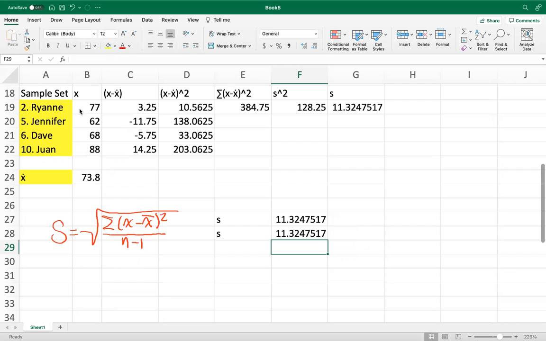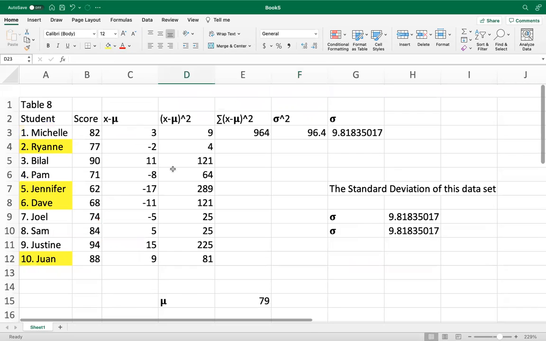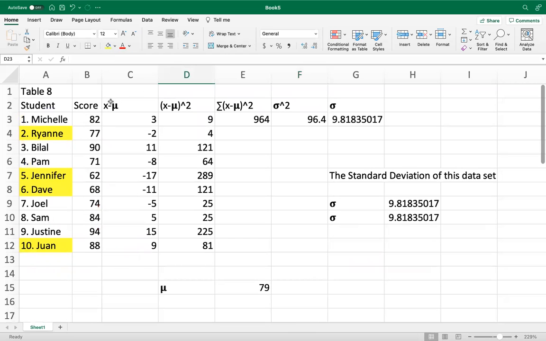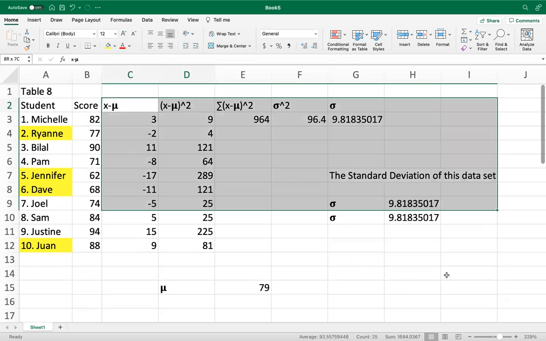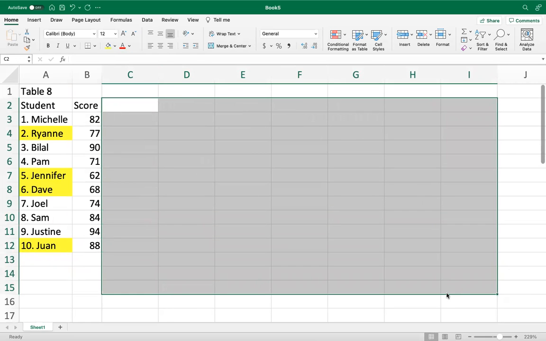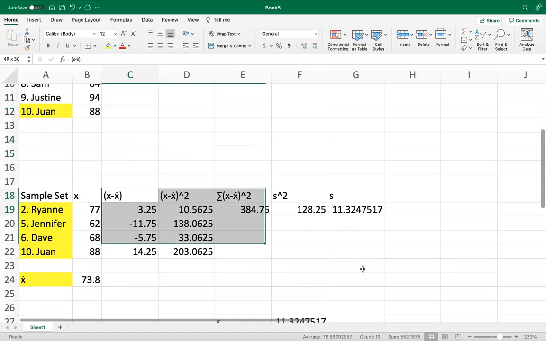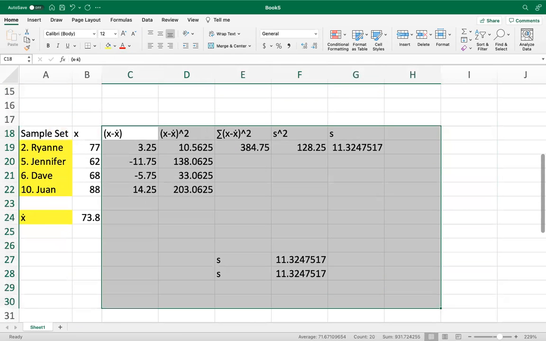So simple as that. So let's go back really quick and get a little summary of what we've done so far. And let's get rid of all of this data here. Get rid of all of this data here too.